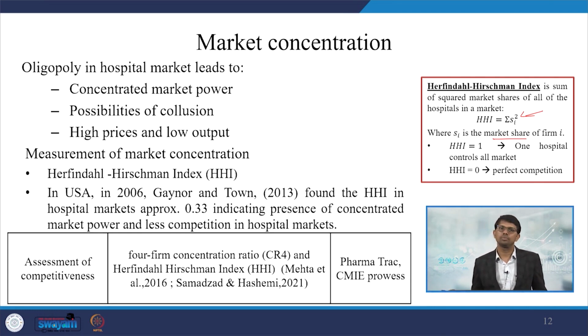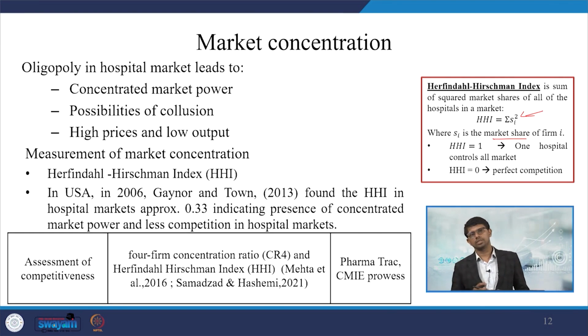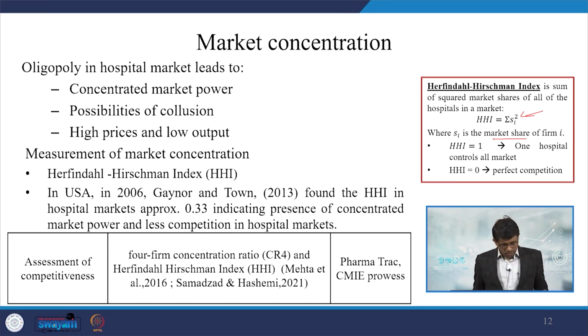And if it is 0, that means perfect competition prevails. If the figure is close to 0, near perfect competition is defined, or good competition is expected. If it is close to 1, then a more monopolized or oligopoly structure is defined. One such example is mentioned by Gaynor and Town in 2013 for the US market in 2006: they found the HHI in hospital markets is approximately 0.33.